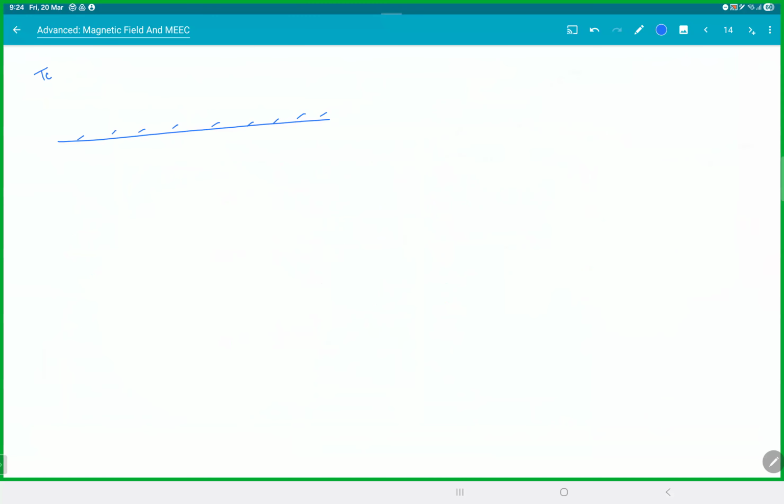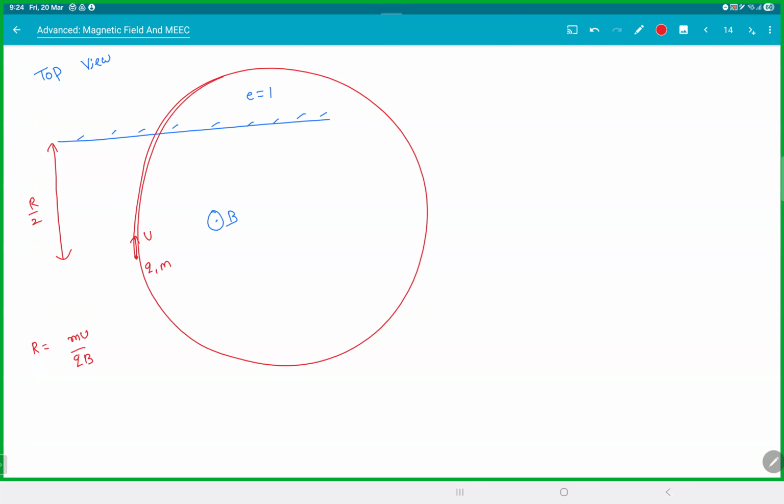This is the top view. There is no gravity. E is equal to 1. Magnetic field. We have a particle here projected with speed u, charge q, mass m. R is equal to mu by qB, and this distance here is R by 2. Meaning, the moment you project the particle, technically speaking, it wants to go in a circle like this.